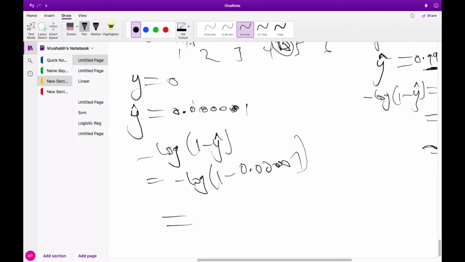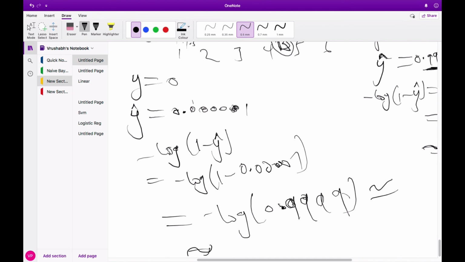If we try to find this on your calculator, you might end up seeing negative log of 0.999, something like that. 0.999 is approximately negative log of 1, because this one is almost 1.